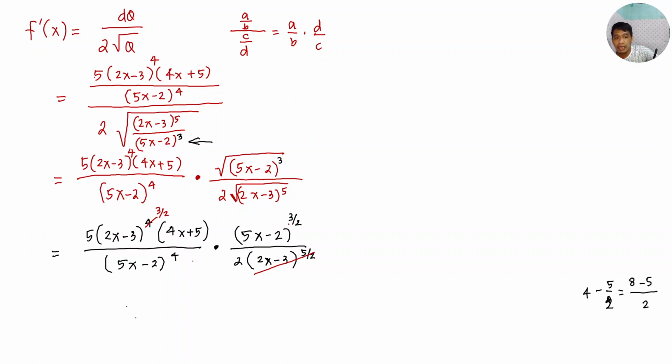And so, with 3 halves, subtract natin kay 4, ang matitira ay sa baba. That is 4 minus 3 halves. Ang LCD natin ay 2. Magiging 8 minus 3. And that's 5 halves. So, cancel natin ito. Matitira sa baba ang 5 halves.